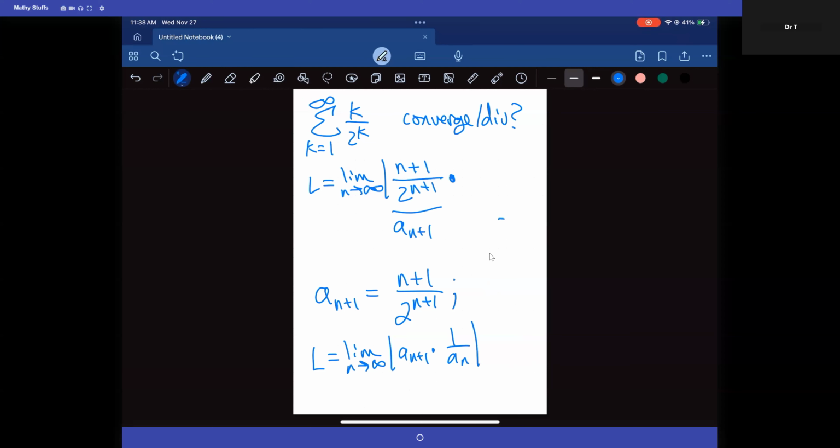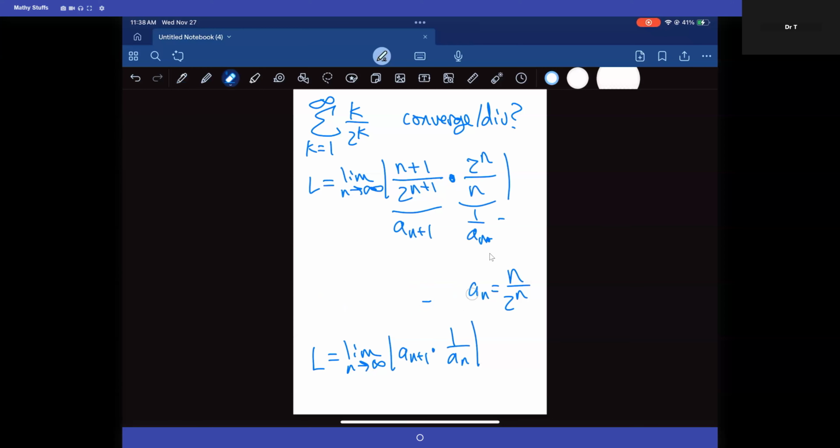Now remember, a sub n is this. And so the reciprocal of that is just flip it. So it's 2 to the n over n. And this is 1 over n. And now things get simple, or things need to be simplified. I don't know if they're simple or not.